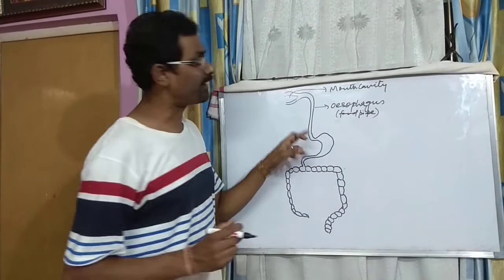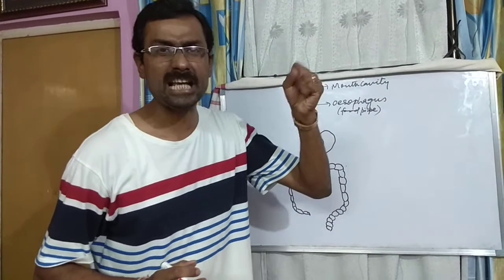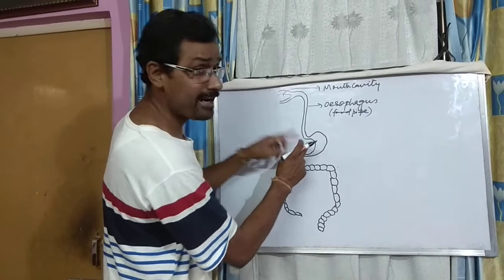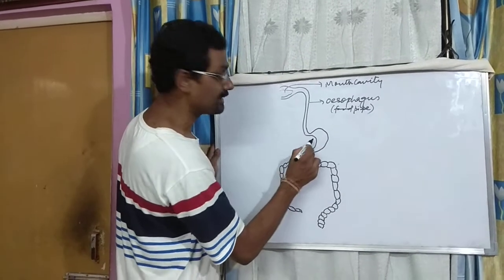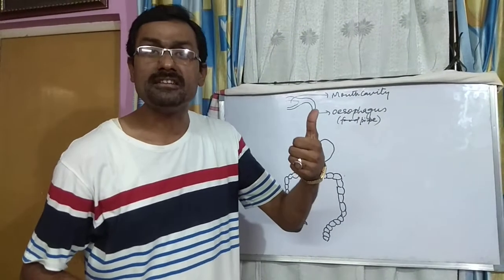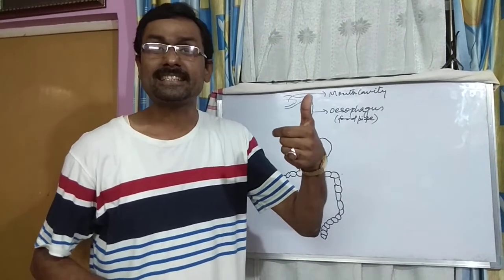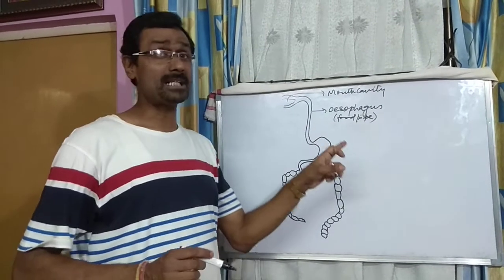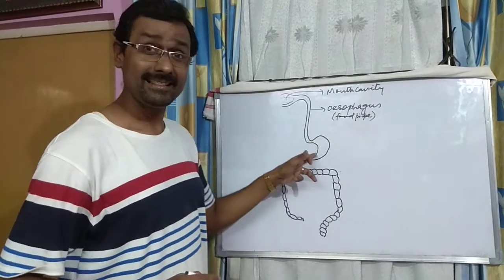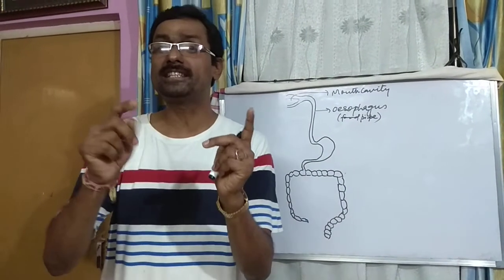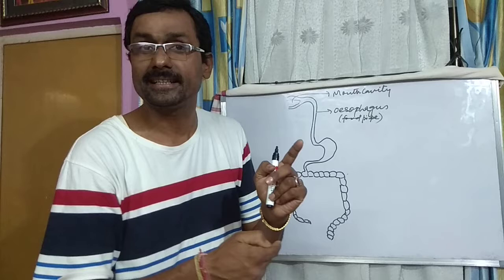Now, what happens in the esophagus? Peristaltic movement, contraction, expansion of the pipe take place, and the food reaches where? It reaches the stomach. Now, the stomach has a crunching movement, and it has gastric gland which secretes gastric juice, and the enzyme that is present is pepsin. For the first time, we are finding another food is going to get digested.